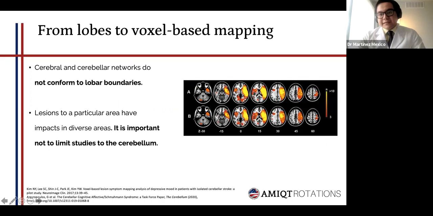It is also important that these studies analyze both the cerebellum and parts of the cerebrum, because studies using this methodology have shown that lesions to the cerebellum can have impacts on non-lesion areas in the cerebrum that have important connections with the cerebellum.